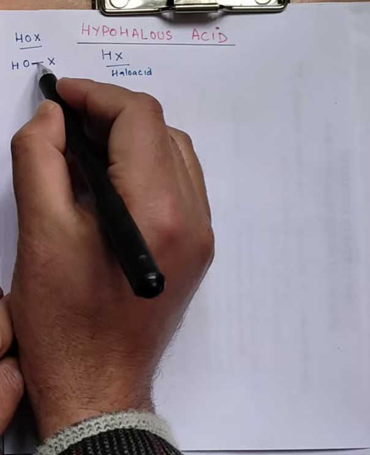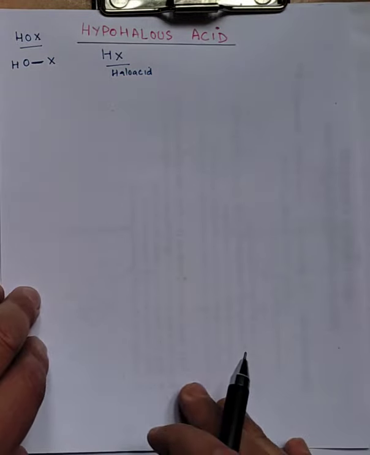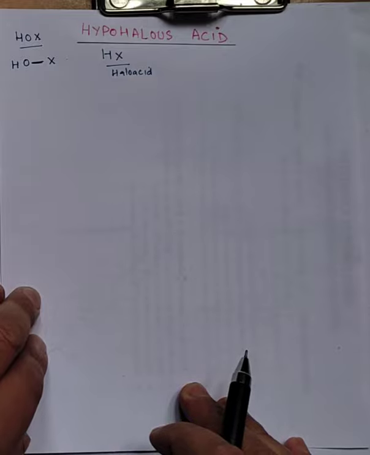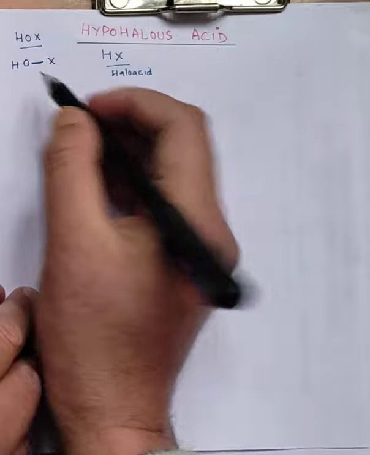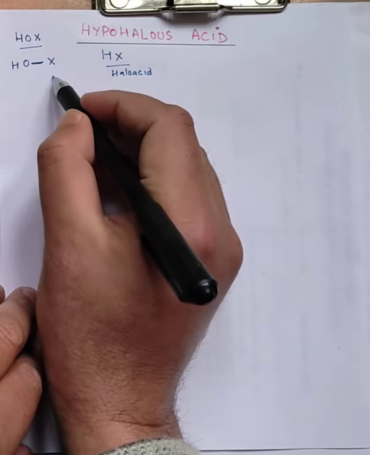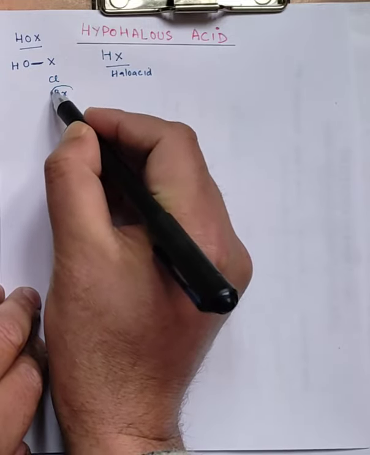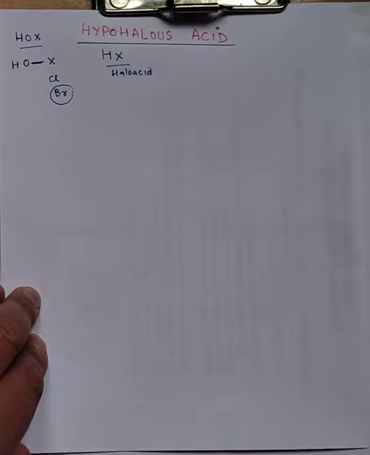Now if you talk about this hypohalous acid, it also acts as oxidizing agent. ठीक? So you basically have this oxygen halogen bond. That halogen can be Cl, chlorine atom, or bromine, but normally it is most commonly bromine जो ज़्यादा use होता है.